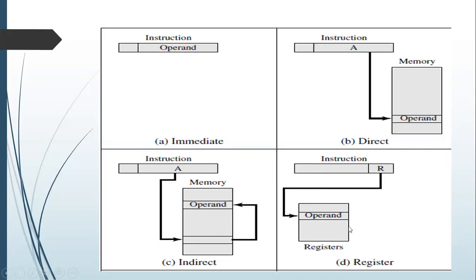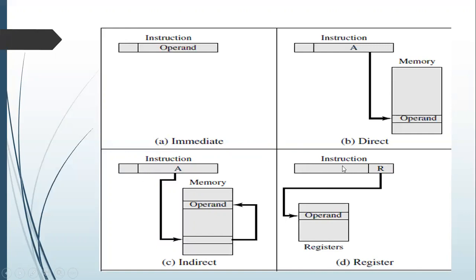And your registers are very few in your processor. I think there are only 6 to 7 registers, or maximum 32 registers. It depends on the processor how many registers there will be. That's why this section is smaller. Just look at the instruction format. Here the opcode is small, and the number of bits for the address is greater.